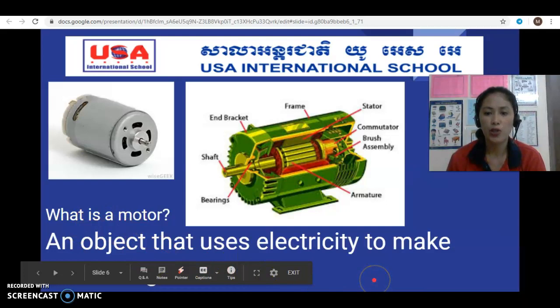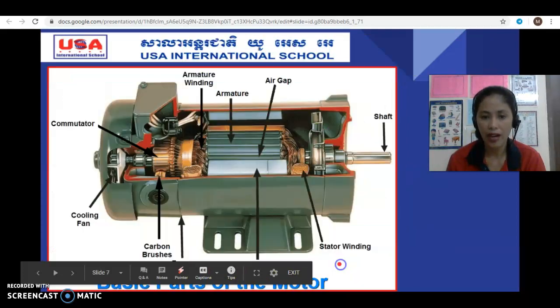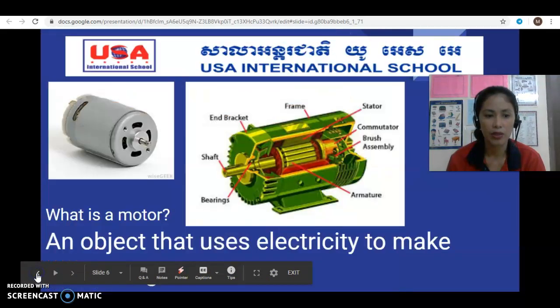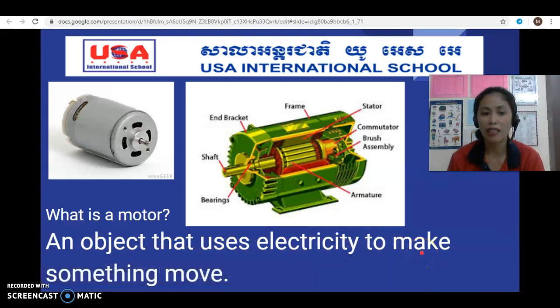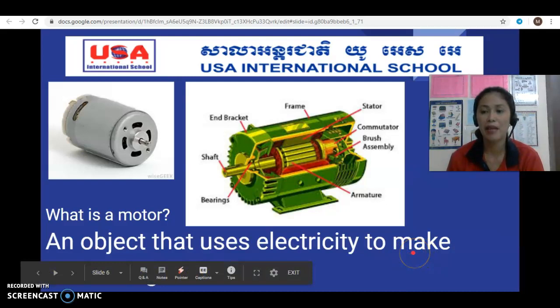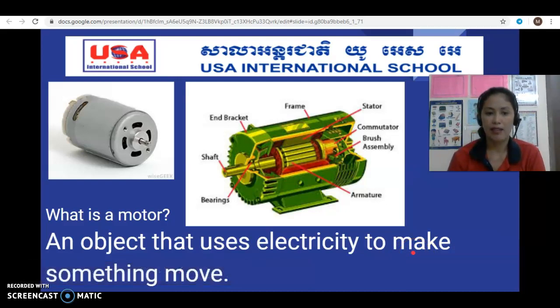An object that uses electricity to make it move. Right? So just showing this one. Cannot move this. Okay, so a motor is something that uses electricity to make something move or to make something spin.